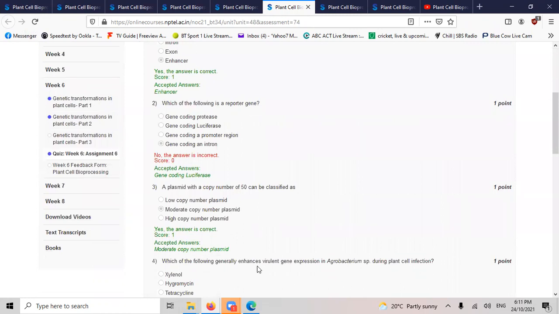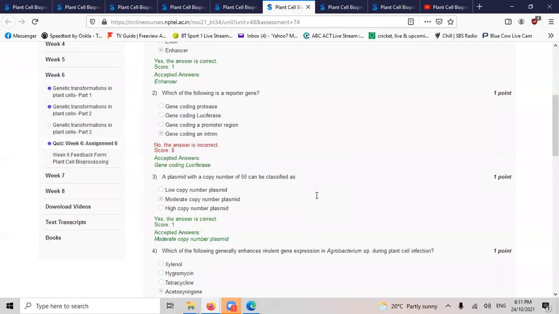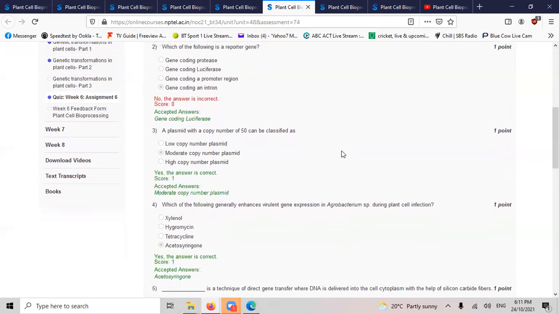Which of the following generally enhances virulence gene expression in Agrobacterium species during plant cell infection? It's acetosyringone. Something is the technique of direct gene transfer where DNA is delivered into the cell cytoplasm.